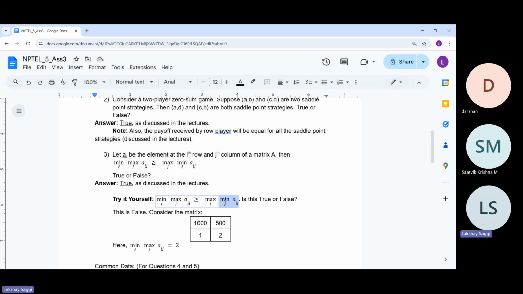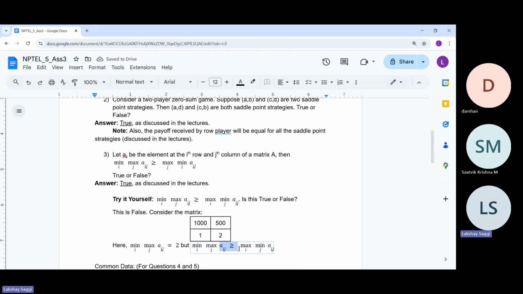First we select the row, and in the first row we take the minimum value. The minimum value here is 500. In the second row, the minimum value is 1. So we have the first entry as 500 and the second entry as 1. But we have to take the maximum instead. Between 500 and 1, 500 is greater.